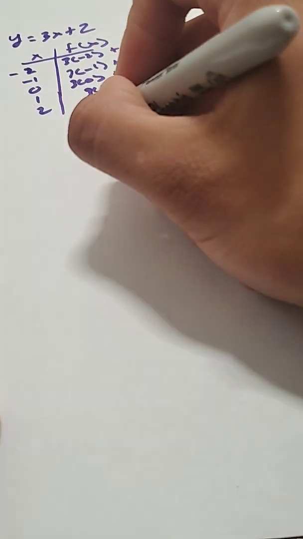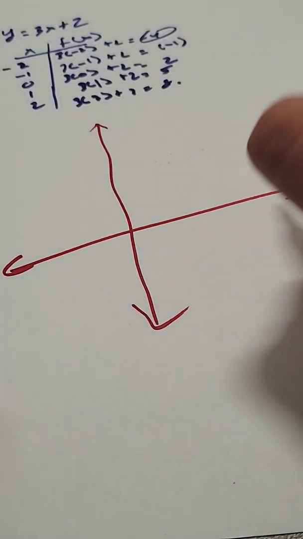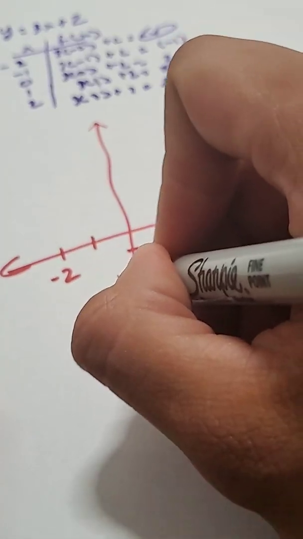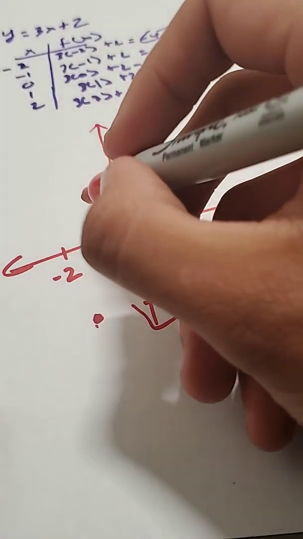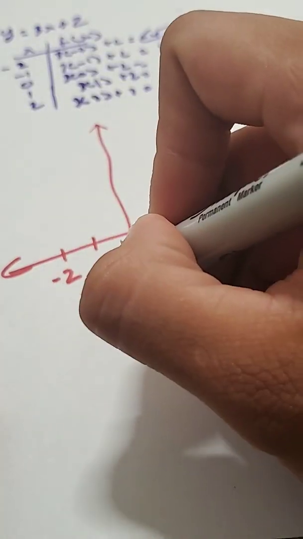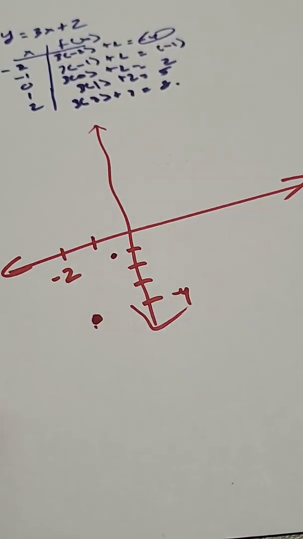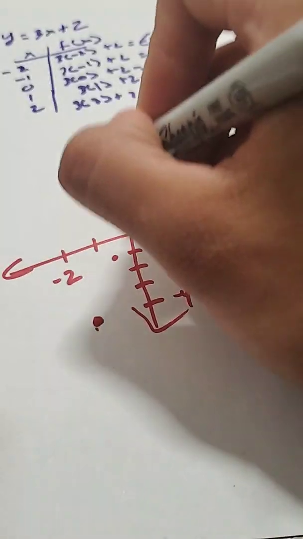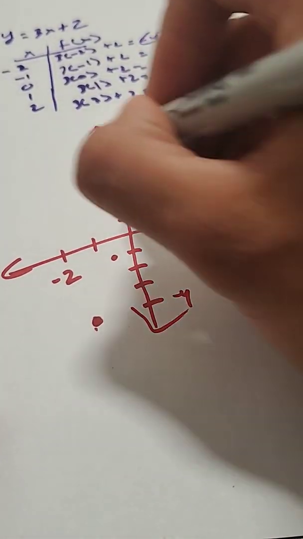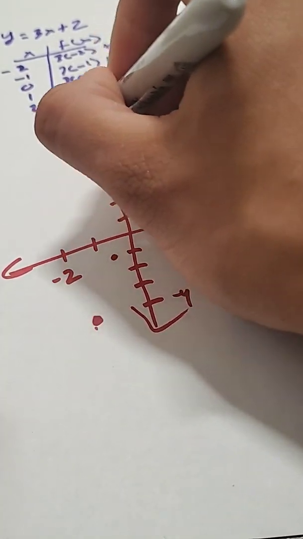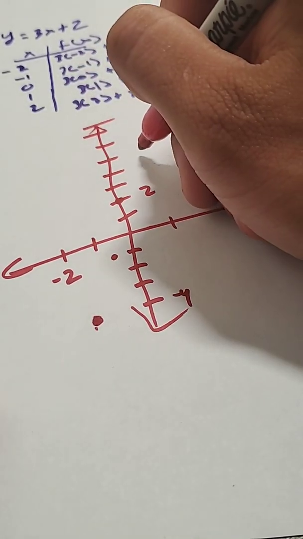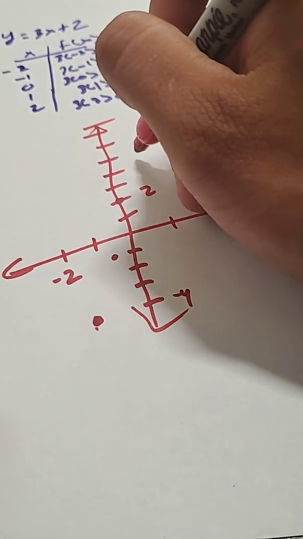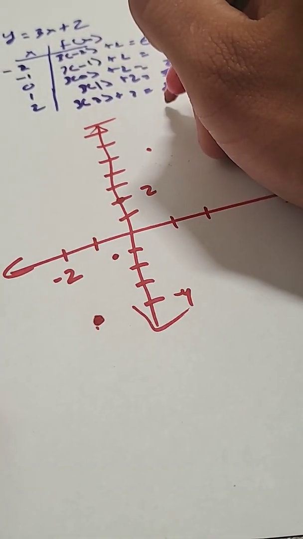Then we could just plot those points. So we have -2, -4; -1, -1; 0, 2; 1, 5; and 2, 8.